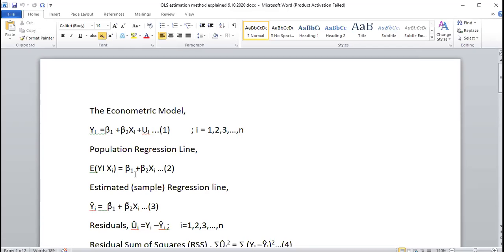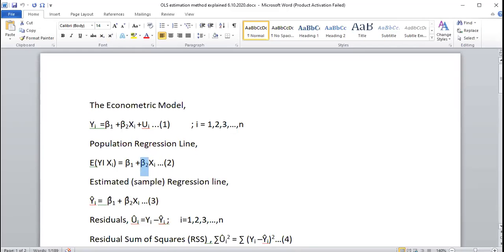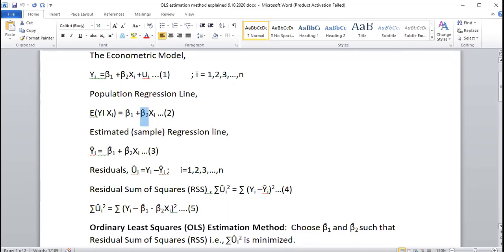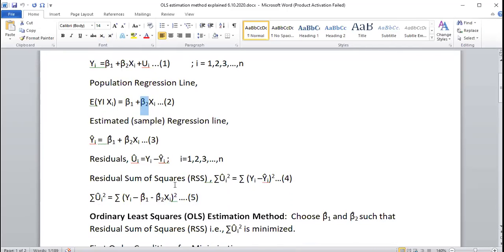However, the issue is we don't know beta 1, we don't know beta 2. These are called population parameters. We want to estimate them. There are many ways to estimate them. One way is to estimate them by minimizing residual sum of squares. So what is the residual? Obviously, residual is the difference between actual y and the estimated y.